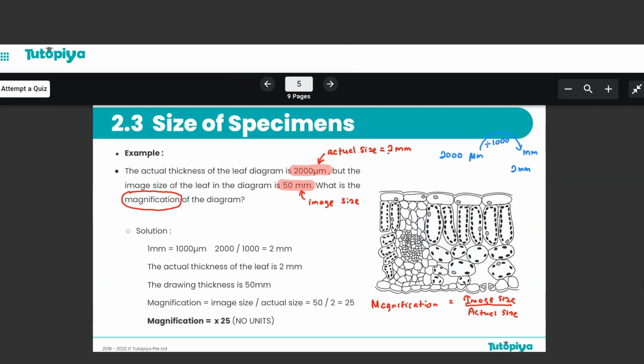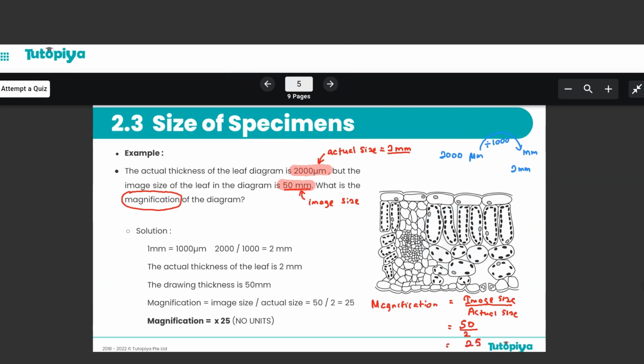So I have 2 millimeters as my actual size and 50 millimeters as my image size. I'm going to put them into my magnification formula. Image size is 50, actual size is 2. So 50 over 2 makes 25.